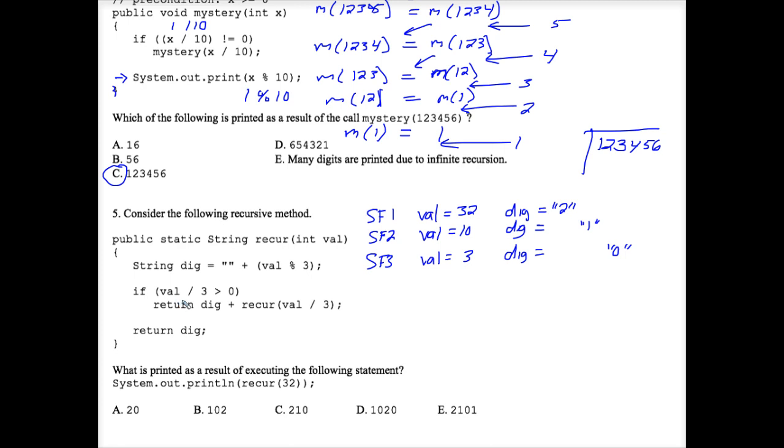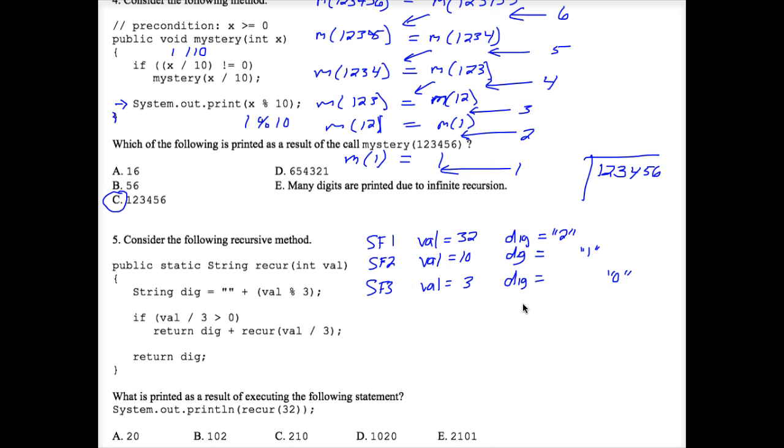Is val, is 3 divided by 3 greater than 0? Well, 3 divided by 3 is 0, and 0 is not greater than 0. So we return dig. Okay, I think I made a mistake a second ago.